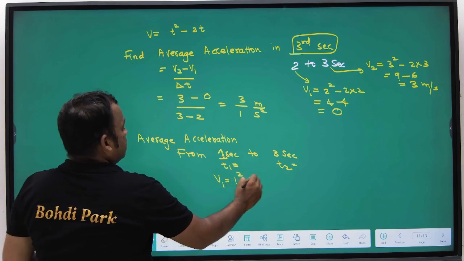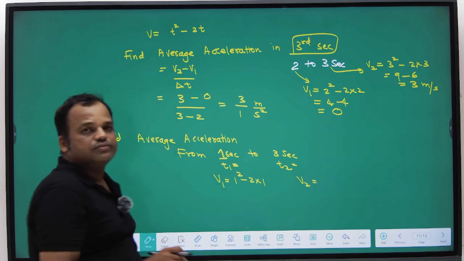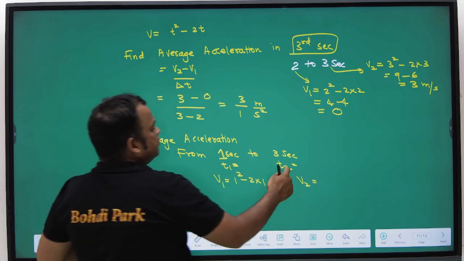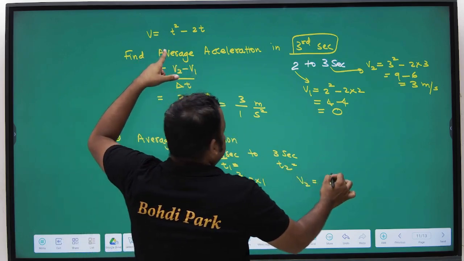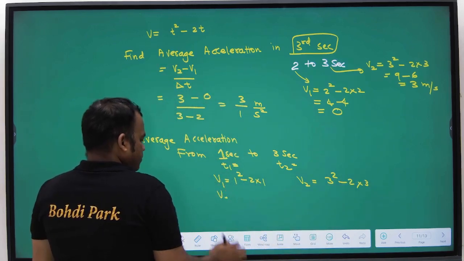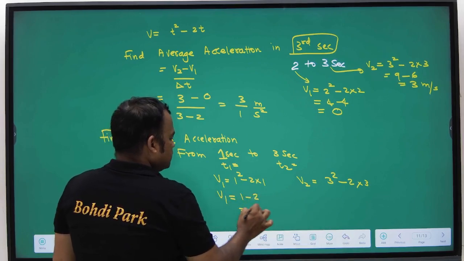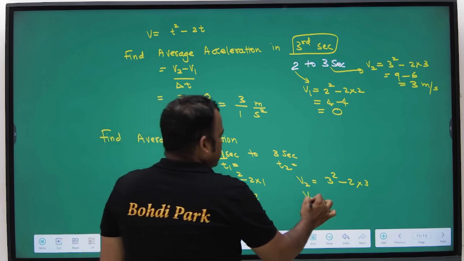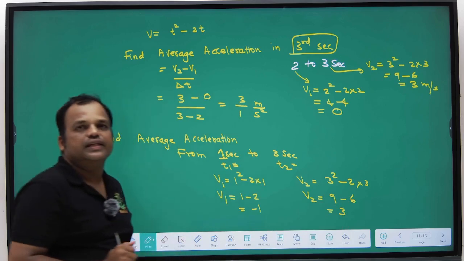So 1 square minus 2 into 1. And to calculate v2, that is final velocity, we'll put time is equal to 3. So that is 3 square minus 2 into 3. So we have v1 is equal to 1 minus 2, so that is minus 1. And v2 is equal to 9 minus 6, so that is 3.